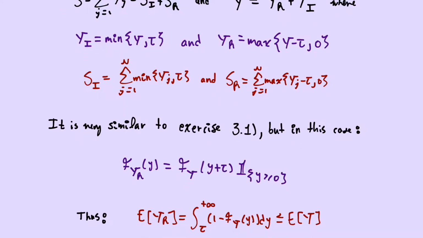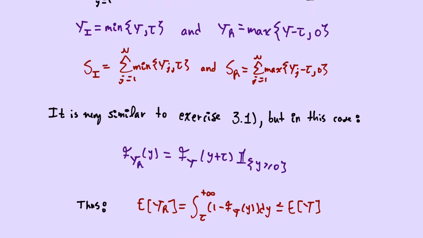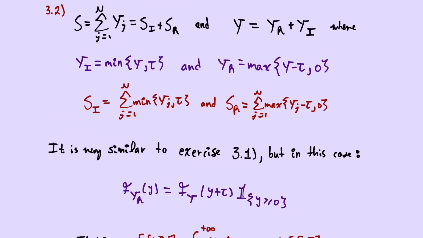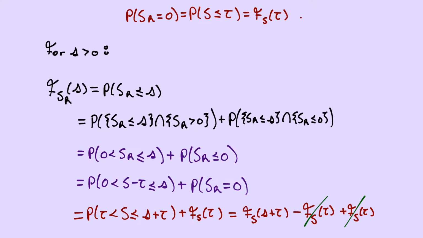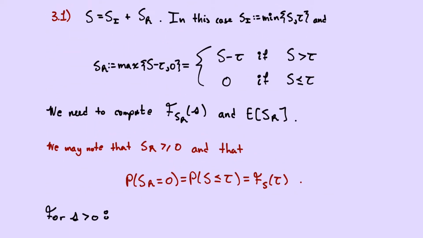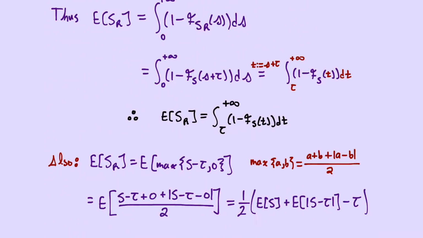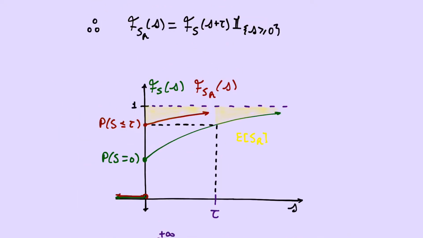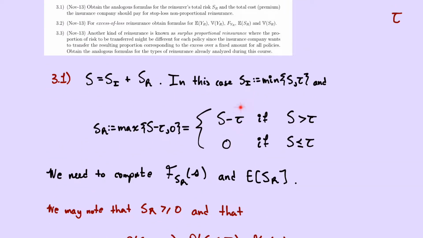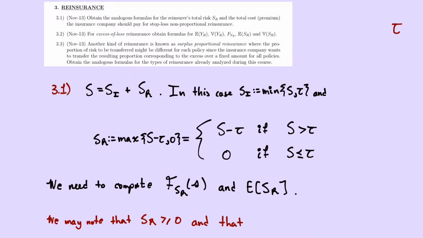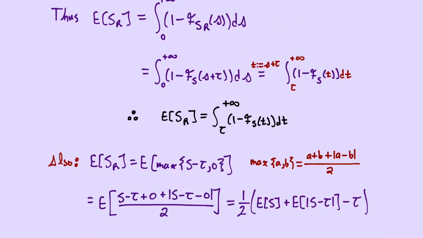Now, if we want to compute expressions for this, we have already done it in a very similar model: we computed the distribution function of a random variable that in that case was SR, defined very similar to the other exercise, and we also computed the expectation of that random variable.